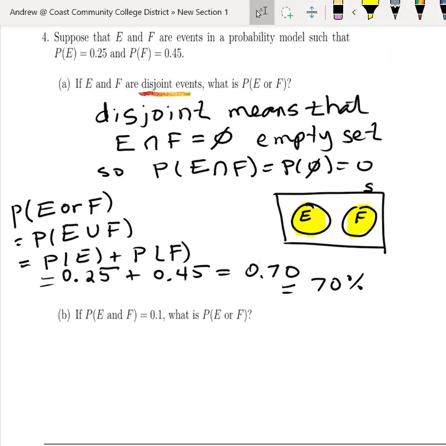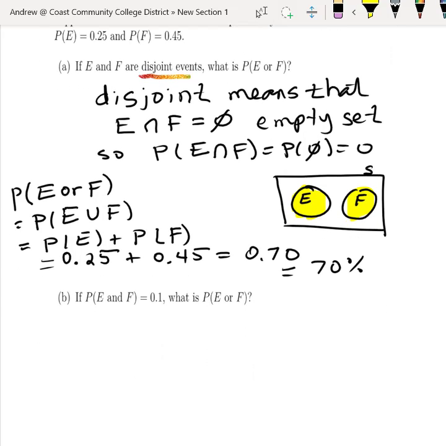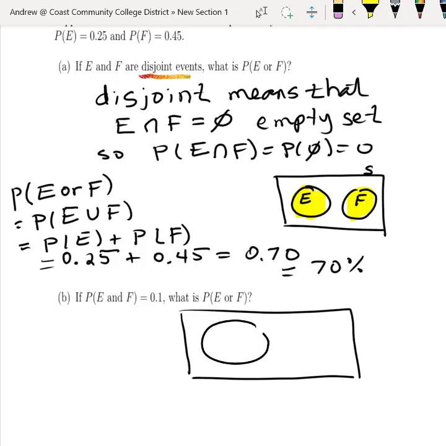That's because they're disjoint. Now in this case, the probability of E and F is 0.1, so that means they're not disjoint. It means there is this overlap that is 0.1.